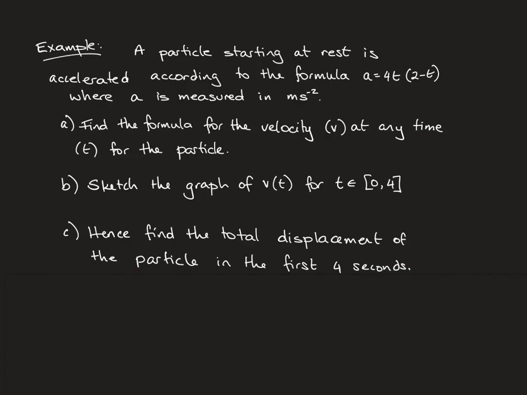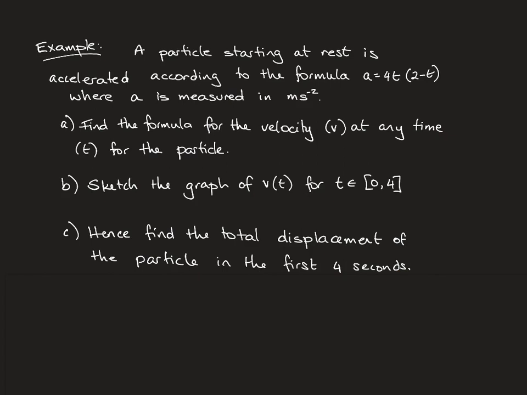Here's an example. A particle starting at rest, and that's going to be important, is accelerated according to the formula a equals 4t times (2 minus t), where a is measured in meters per second squared. Find the formula for the velocity v at any time t for the particle. Then sketch the graph of v of t, and hence find the total displacement of the particle in the first 4 seconds.